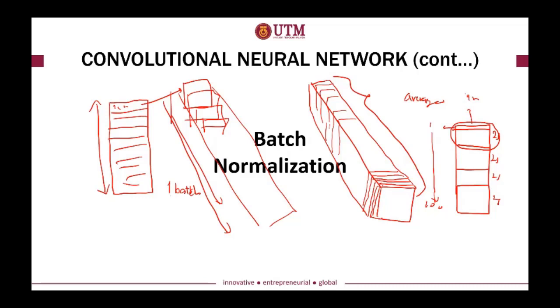That is the meaning of batch normalization. The names differ because it depends on how you define your average. Is it per channel, is it the whole image, or is it the whole batch? For batch normalization, the average is the whole batch.